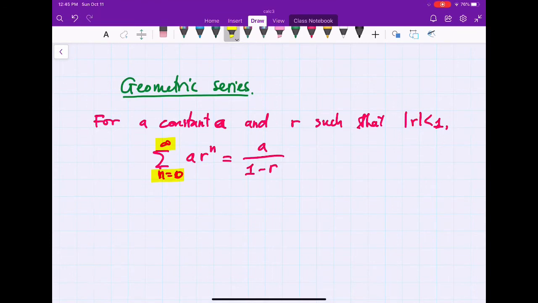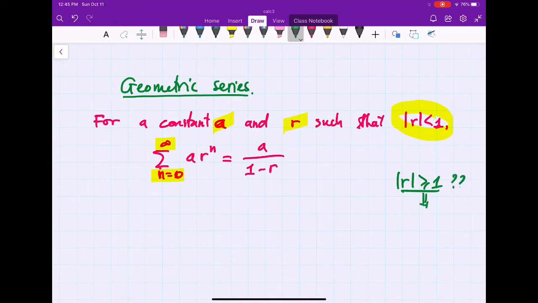Again, this is very simple but extremely useful. So you have two constants a and r here. You consider a r^n, and that is a over 1 minus r, only when the absolute value of r is less than 1. So what happens if the absolute value of r is greater than or equal to 1?